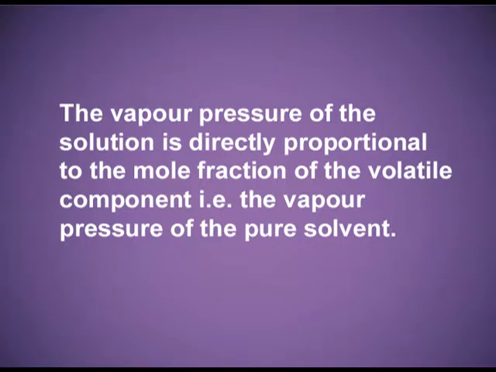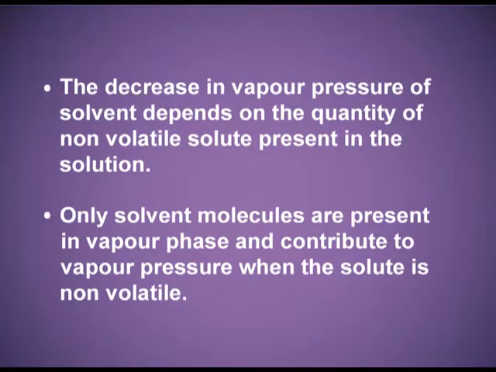In such a situation, Raoult's law states that the vapor pressure of the solution is directly proportional to the mole fraction of the volatile component, that is, the vapor pressure of the solvent. The decrease in the vapor pressure of the solvent depends on the quantity of the non-volatile solute present in the solution. Only solvent molecules are present in the vapor phase and contribute to the vapor pressure when the solute is non-volatile.